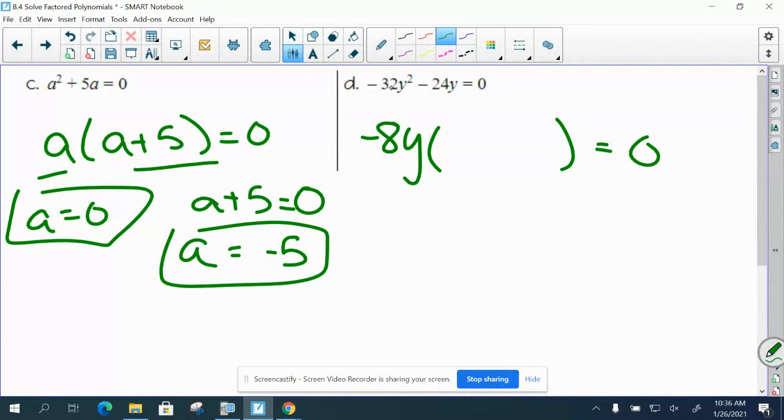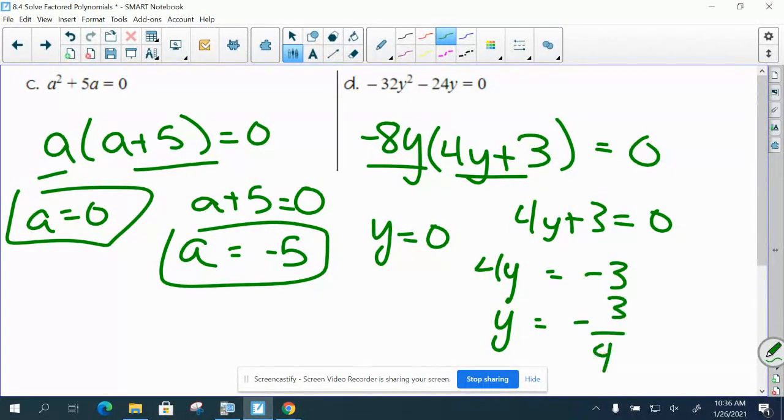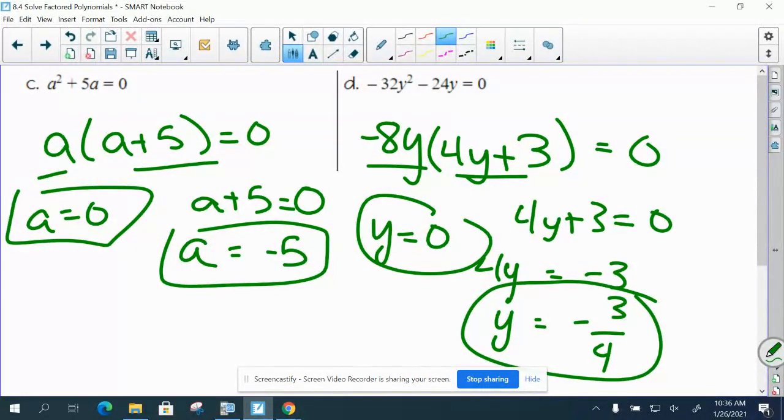So here we would have positive 4y, and then plus, here we would just have a 3 left. Okay, so this is going to give us y equals 0, and then this, 4y plus 3 equals 0. You would move over the 3, so that'd be 4y equals negative 3, and divide by 4, so negative 3/4. Okay, so those are your two solutions for part D.